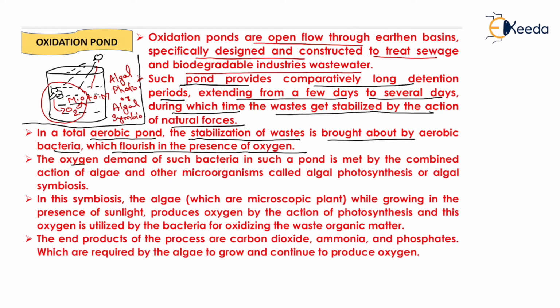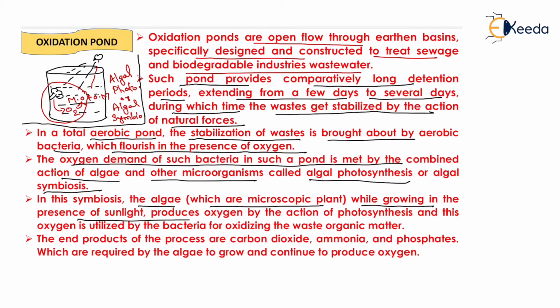The oxygen demand of such bacteria in such a pond is met by the combined action of algae and other microorganisms, called algal photosynthesis or algal symbiosis, which we have already discussed. In this symbiosis, the algae, which are microscopic plants, while growing in the presence of sunlight, produce oxygen by photosynthesis, and this oxygen is utilized by the bacteria for oxidizing the waste organic matter.